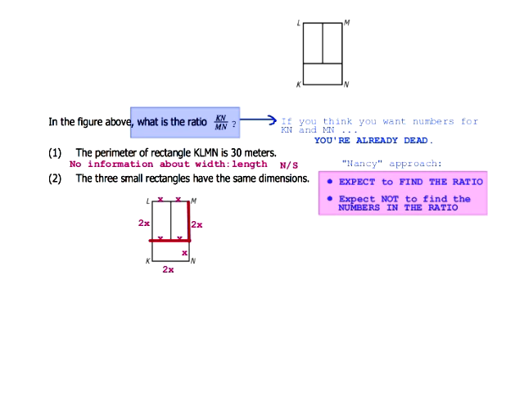And so this ratio has to be 2x to 3x. It has to be. So that's going to be a ratio of 2 to 3. So this is sufficient.